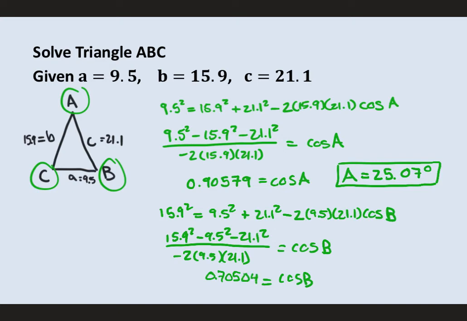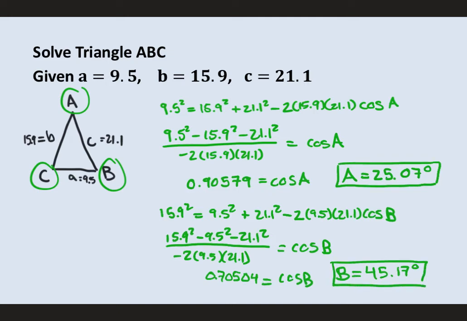I'll take the inverse cosine of 0.70504, and I get that angle B is equal to 45.17 degrees. And there we go. I now have angle B.